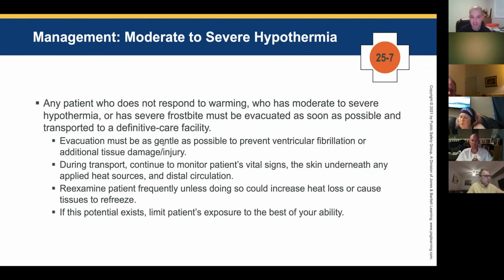Evacuation must be as gentle as possible to prevent VFib or additional tissue damage. During transport, we want to continue to monitor the patient's vitals, the skin underneath, especially if there's any applied heat sources, and distal circulation. What vital signs may we want to assess?